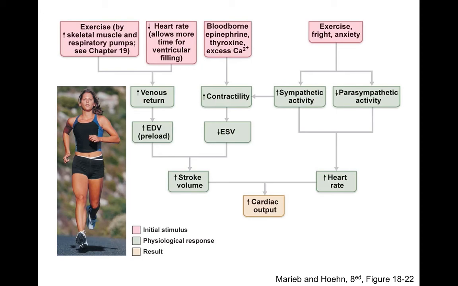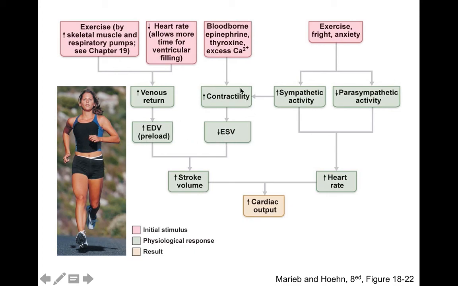Finally, this summary talks about different things that can all affect cardiac output. If we start at the bottom, you can see two main factors influencing cardiac output are stroke volume and heart rate. Heart rate is influenced by the sympathetic or parasympathetic nervous system, which is then modulated by exercise or other physiological processes. Stroke volume itself can be modulated by either end systolic volume or end diastolic volume.